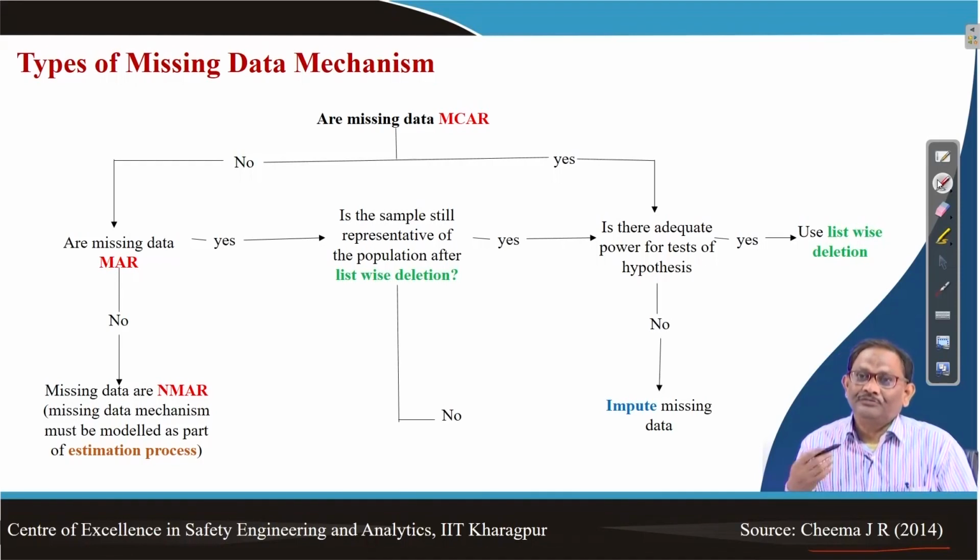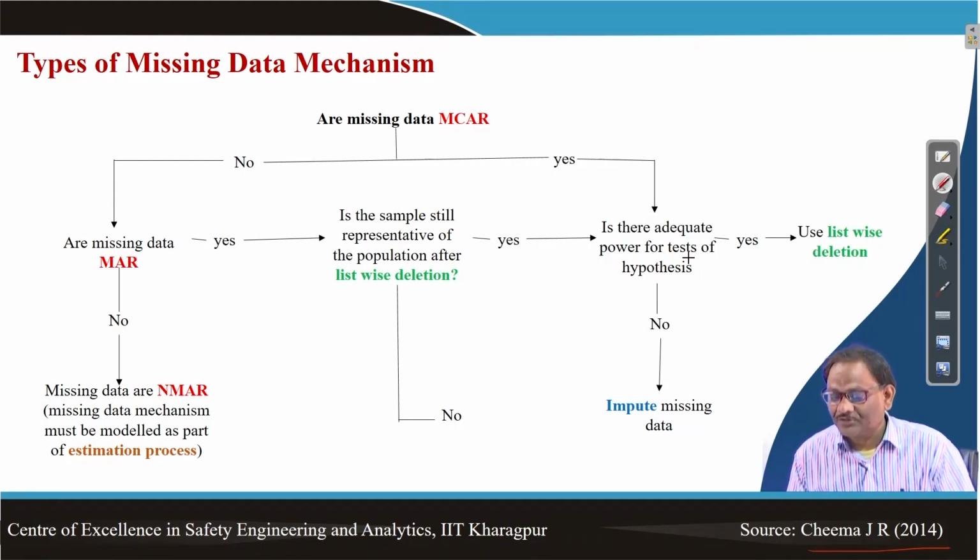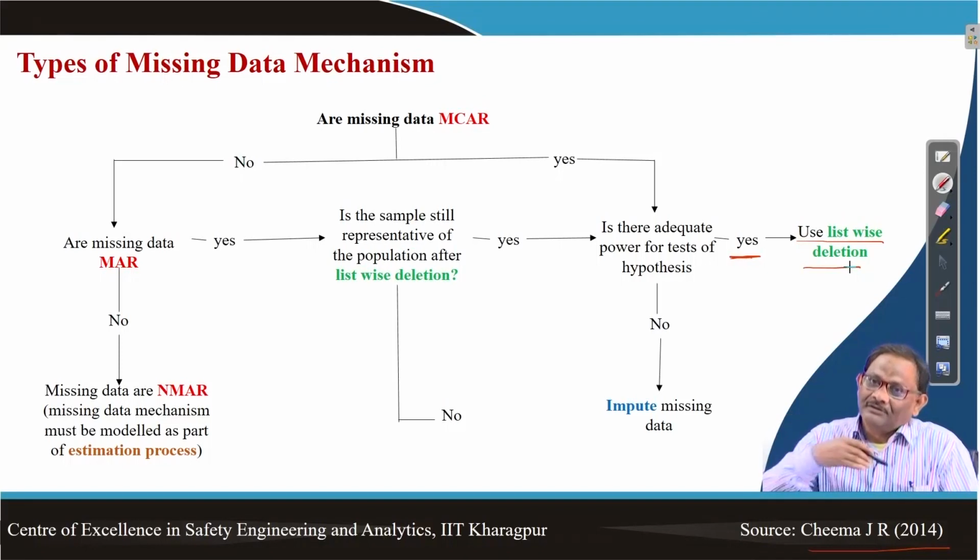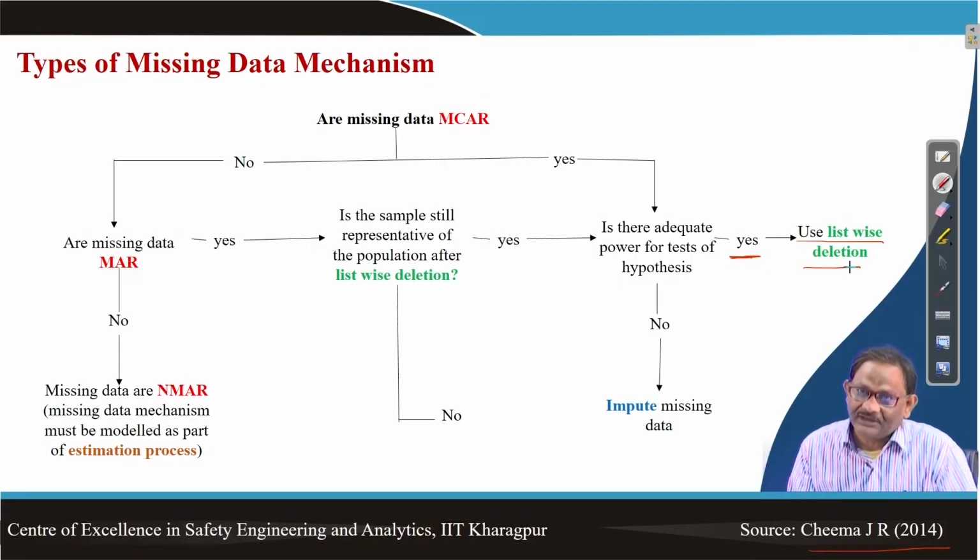If you develop a model to derive insights, and after that you find that the adequate power of the hypothesis test based on the model is well established, then in that case you can go for listwise deletion, meaning wherever you find missing values, those cases, the entire observation, you can delete.